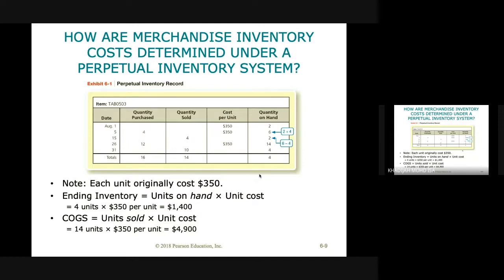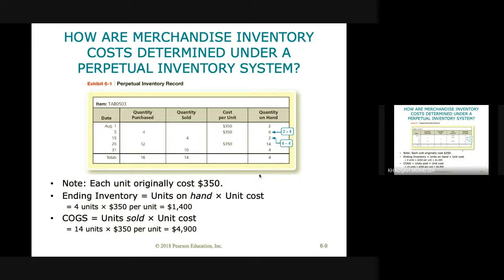So as of 5th of August, you have 6 units. Is that clear? 2 plus 4. Assuming the cost per unit is $350, you should be able to identify your closing inventory as of August 5th. When using perpetual, you'll be able to identify the value of your closing inventory at any point of time, because why?